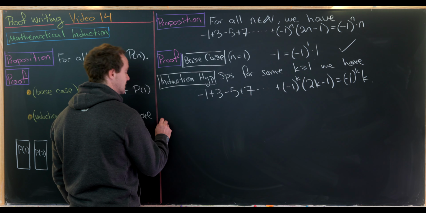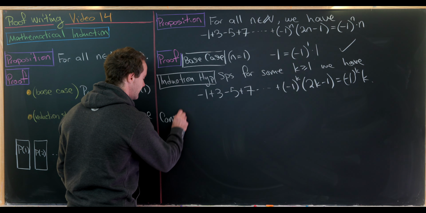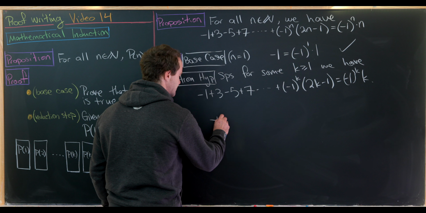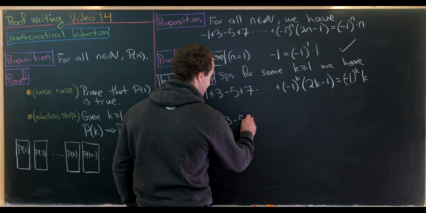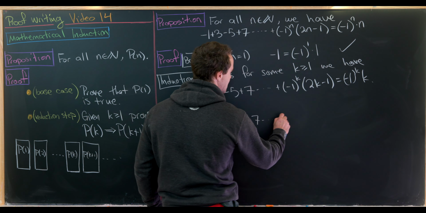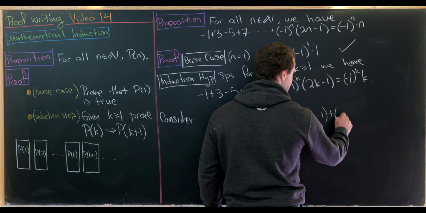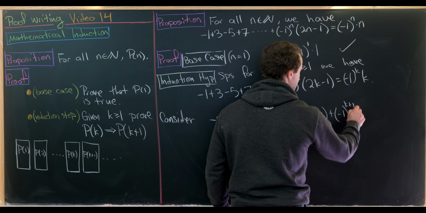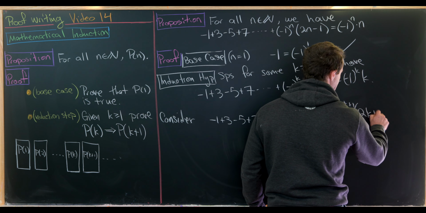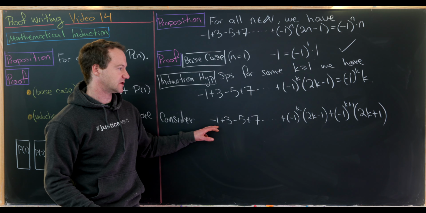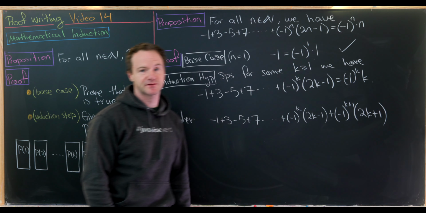So let's consider the left-hand side of the k plus 1 case. That will be minus 1 plus 3 minus 5 plus 7, all the way up to (minus 1) to the k times 2k minus 1, and then plus (minus 1) to the k plus 1 times 2k plus 1. So here we have the first k terms alternating, and then we've got the (k+1)th term there.